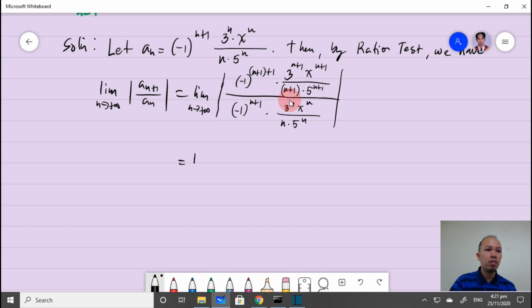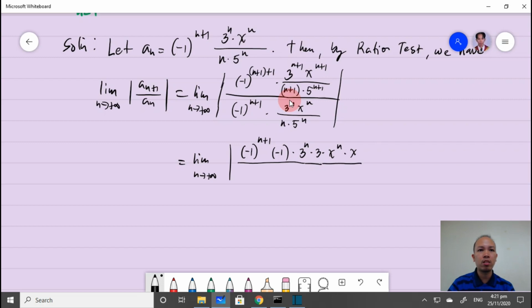Okay, so simplify. What we will do here is we use the reciprocal. What happens? So let's try to write this in this form. First, 3 to the n times 3 times x to the n times x over n plus 1 times 5 to the n times 5.